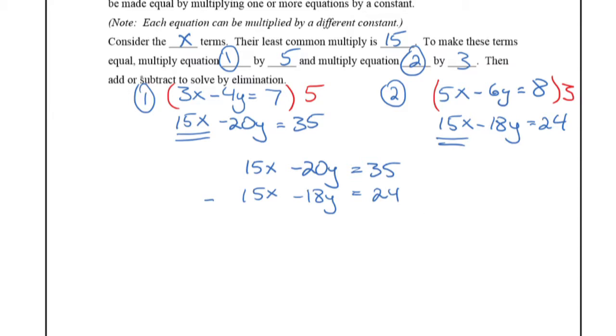And I'm going to have to subtract these two equations. By subtracting, the x term will be eliminated because 15 minus 15 is 0. So I'm going to end up with 0x. Negative 20 minus negative 18 is like negative 20 plus 18, which is negative 2y. 35 minus 24 is 11.